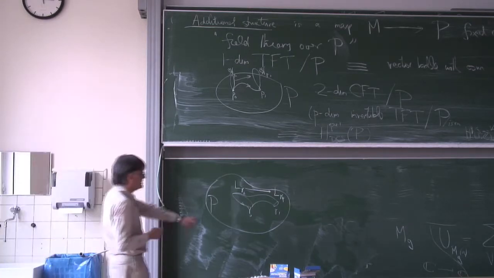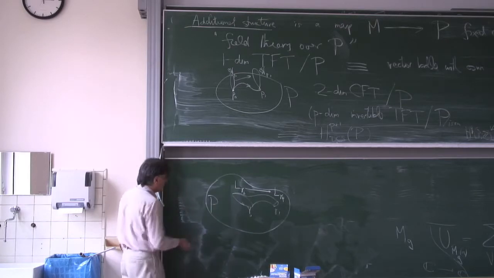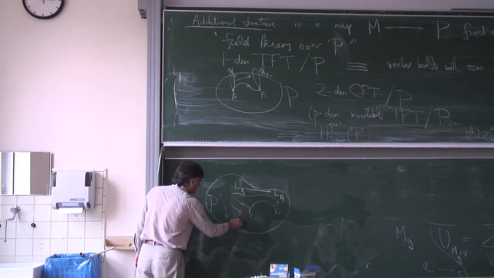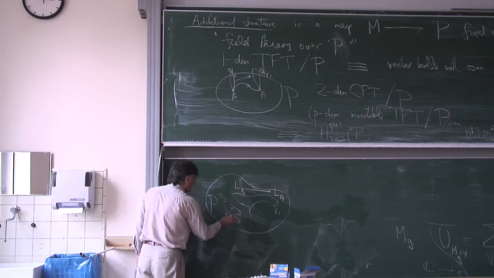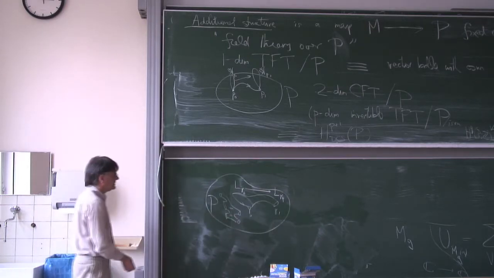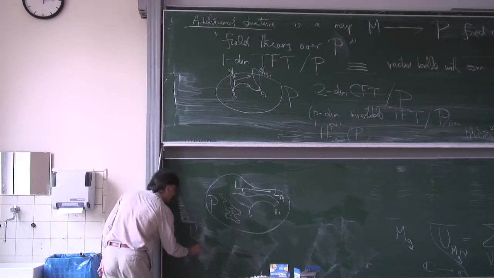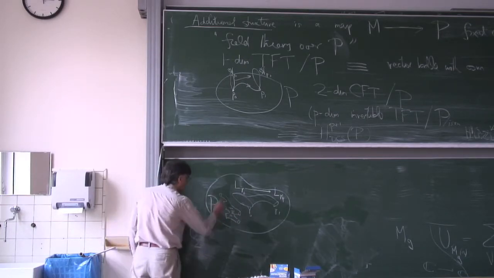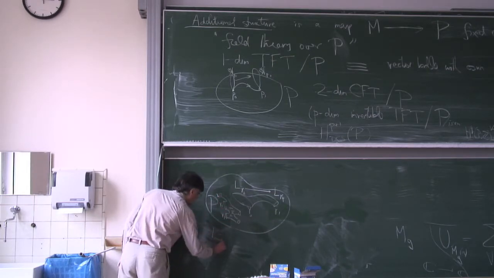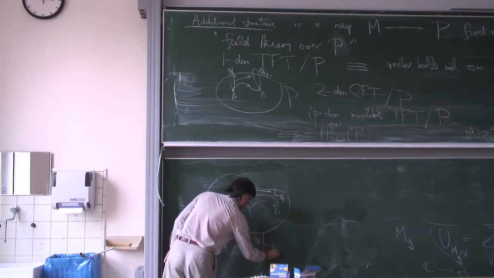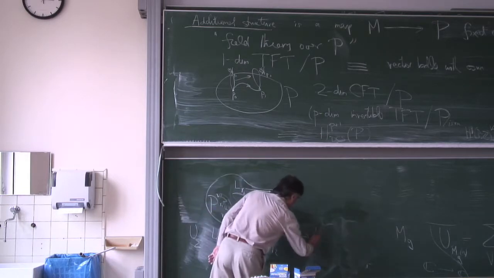But the reason why I call it a string connection is it does something better. If you take a surface with a number of inputs and outputs of any genus, so some cobordism which maps into P, say Sigma, then it will give you an operator U_Sigma, which will go from the tensor product of the lines of gamma 0, gamma 1 and so on, to the tensor product of the lines of the other end.